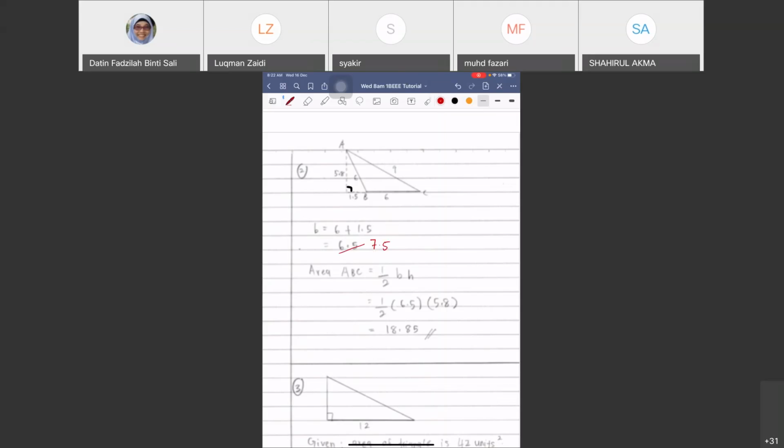So that means this is supposed to be 7.5. Calculate one more time. Anybody? What's the answer? Can someone compute this again? 87 over 4, or in terms of decimal, 21.75.